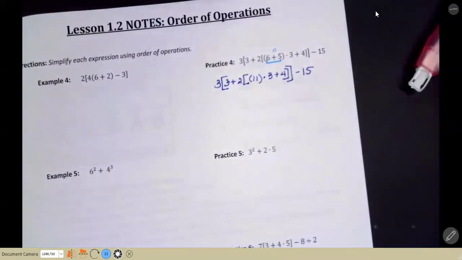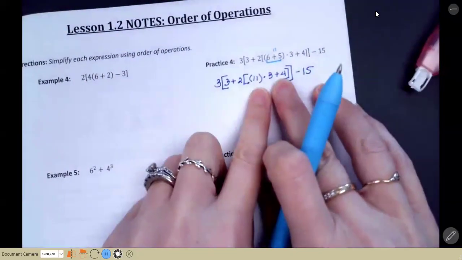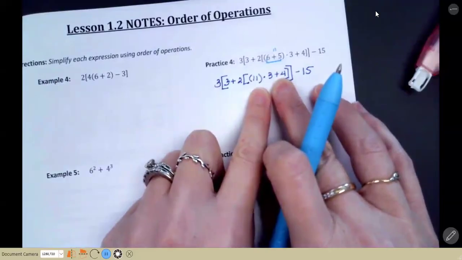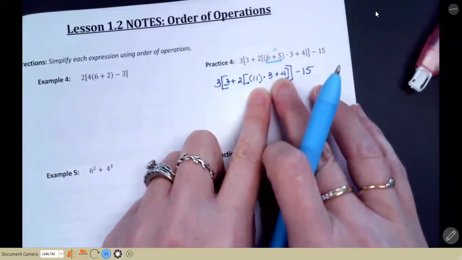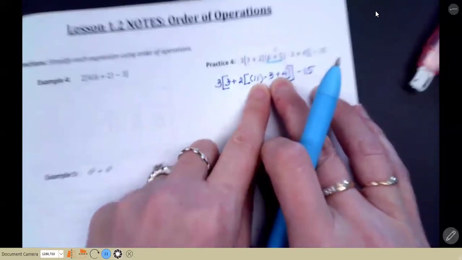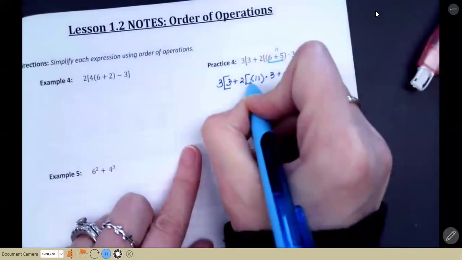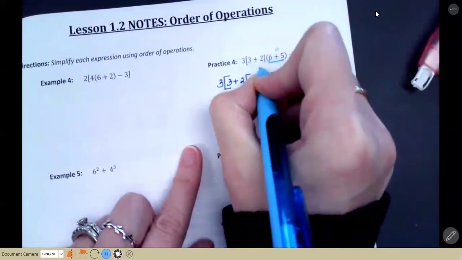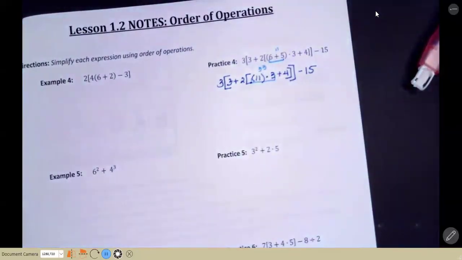Still dealing with grouping, so we go into the innermost grouping. Our innermost grouping is 11 times 3 plus 4. Now, because there are multiple operations, we have to start over with PEMDAS. We have multiplication and addition. What comes first? Right, multiplication. We get 33 and we bring everything down.